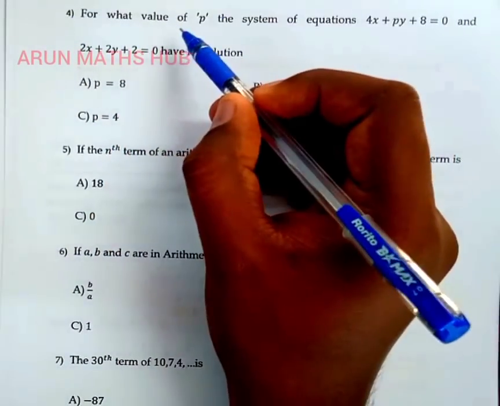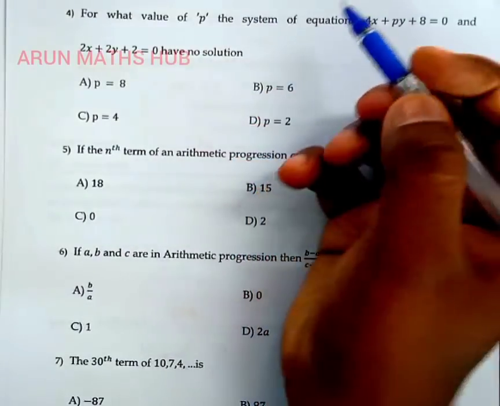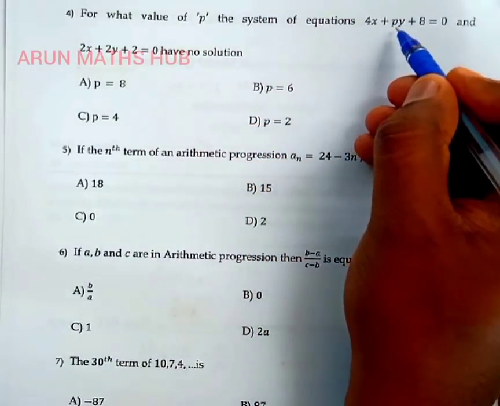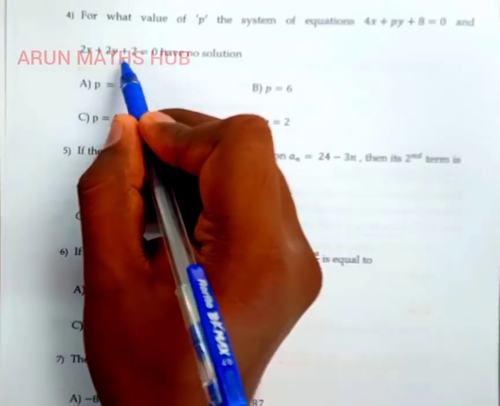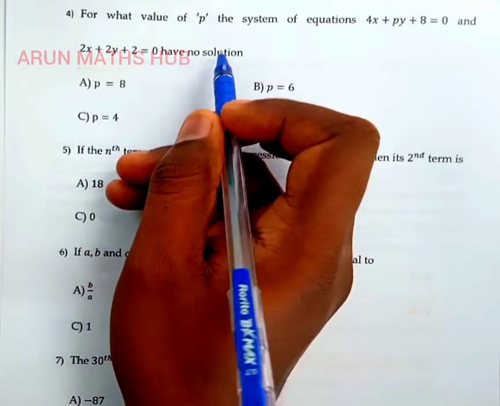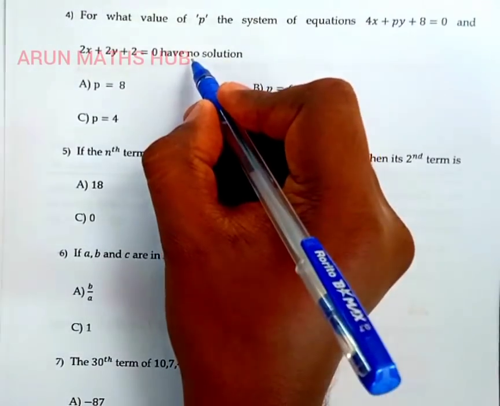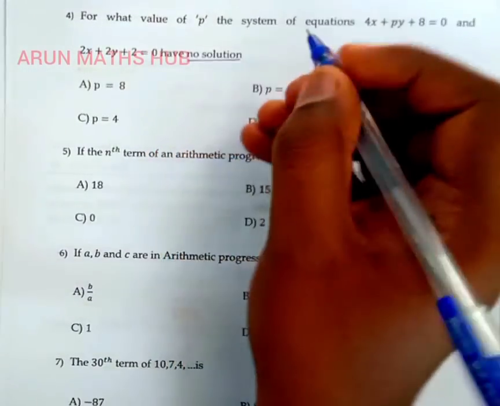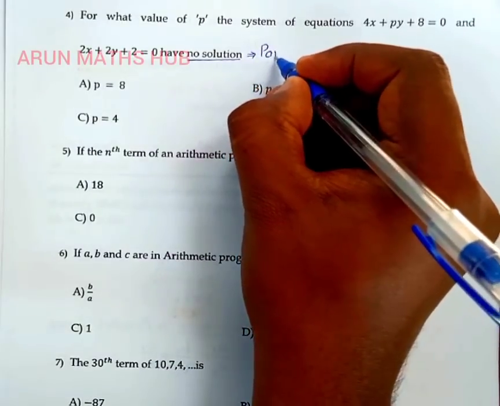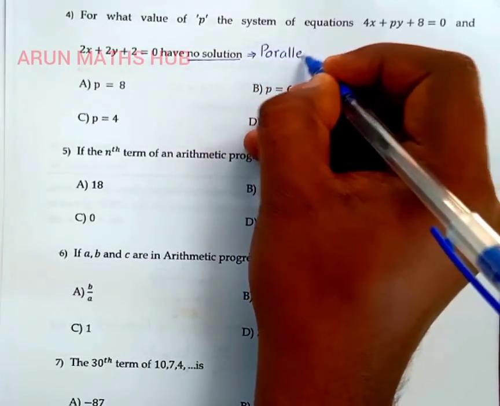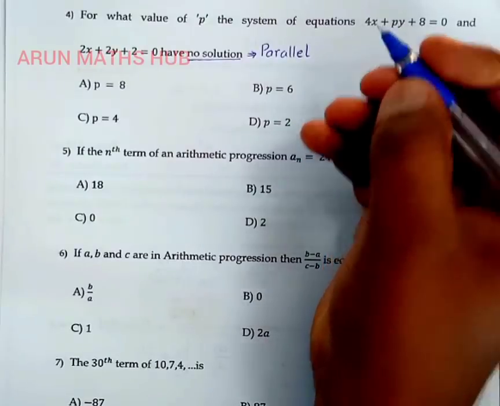For what value of p does the system of equations 4x plus py plus 8 equals 0 and 2x plus 2y plus 2 equals 0 have no solution? Again, we need to apply the parallel lines condition, that is a1 by a2 is equal to b1 by b2, which is not equal to c1 by c2.